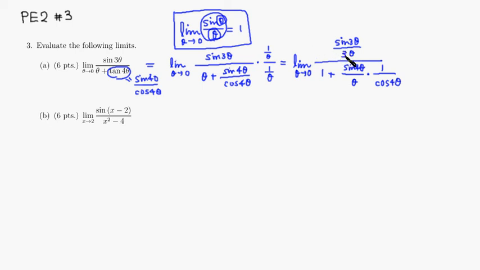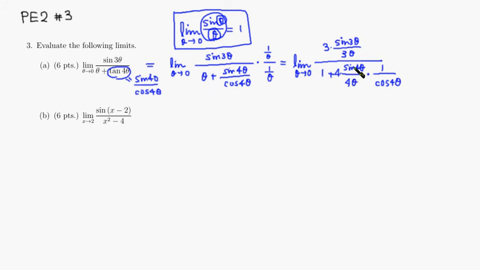So I multiply the denominator by 3, then multiply the numerator by 3, but I'll just put 3 in front so it looks better. The same thing for sine of 4 theta: we would like to have 4 theta on the bottom, so I put 4 on the bottom and 4 on top. That way we don't change anything.